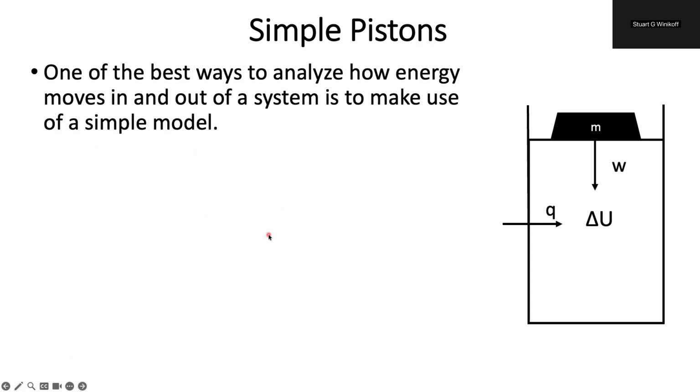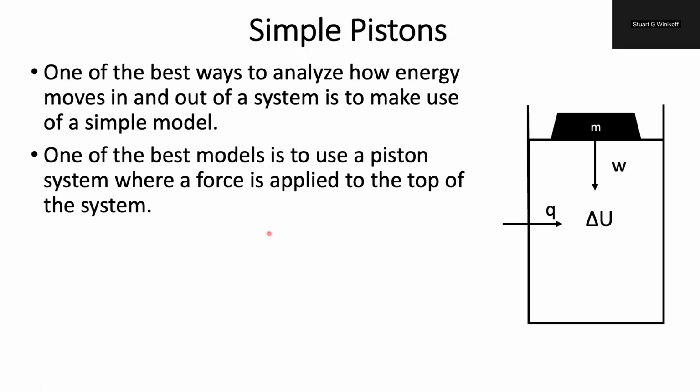So one of the best ways to try and analyze how energy moves in and out of a system is going to be to make use of a simple model. That means we're specifically going to be looking at an ideal gas. And then one of the best versions of this is going to be our piston, which I brought up several times, which again is just going to be a cylinder where I can expand or compress the volume of gas inside.